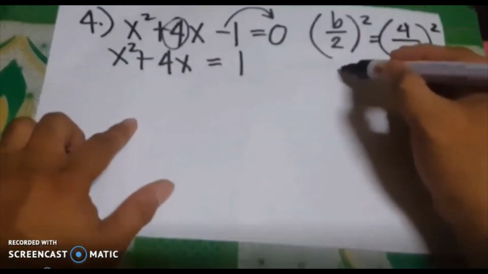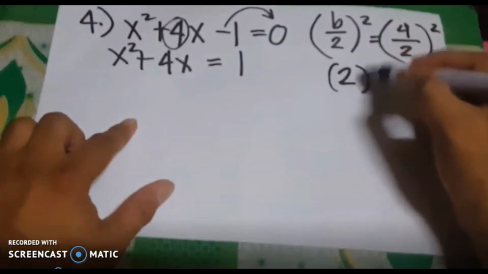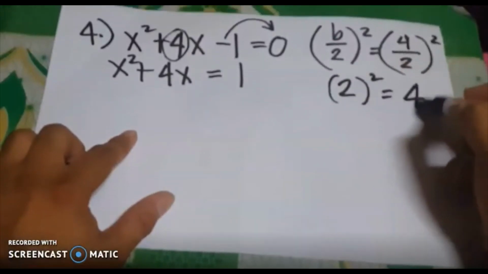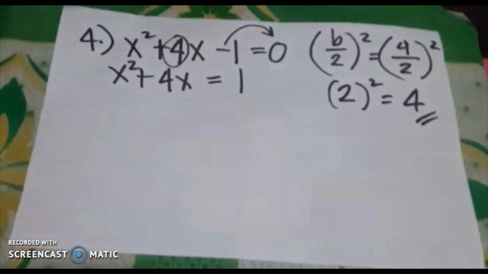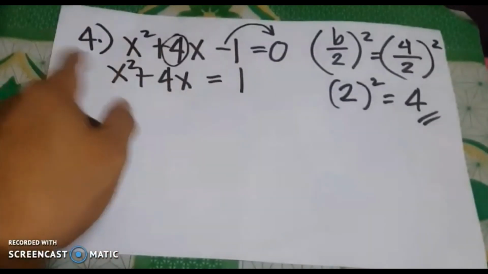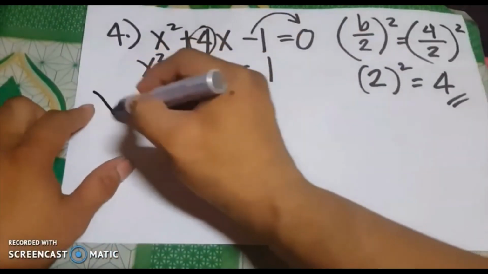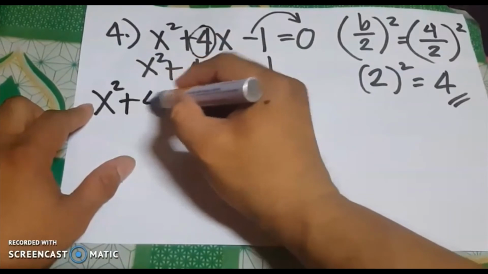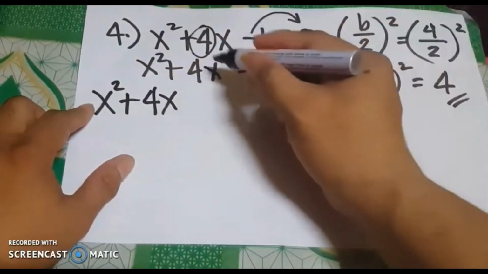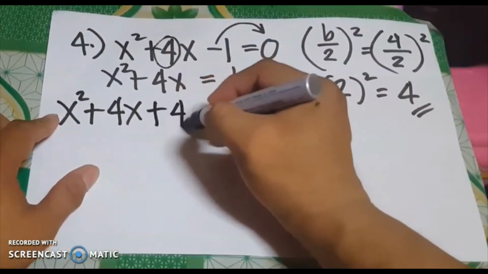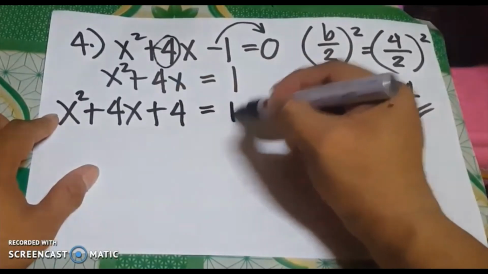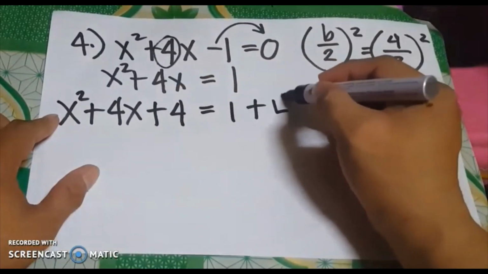Then, 4 divided by 2 is 2 quantity squared, which is equal to 4. So that number 4 is to be added on both sides of the equation. So it will become x squared plus 4x then plus 4 equal to 1 plus 4.